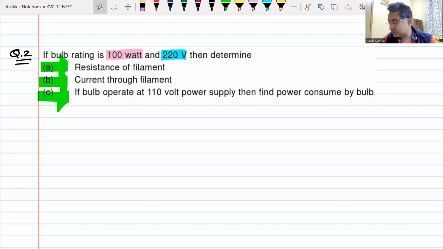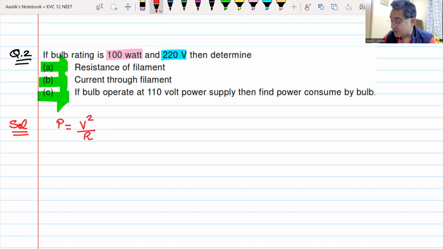Okay, now let us go and solve this question. How are we supposed to solve this question? The power is given, the voltage is given. The first thing we have to find out is the resistance of the bulb. So I just put the formula of power. Which formula do I choose?